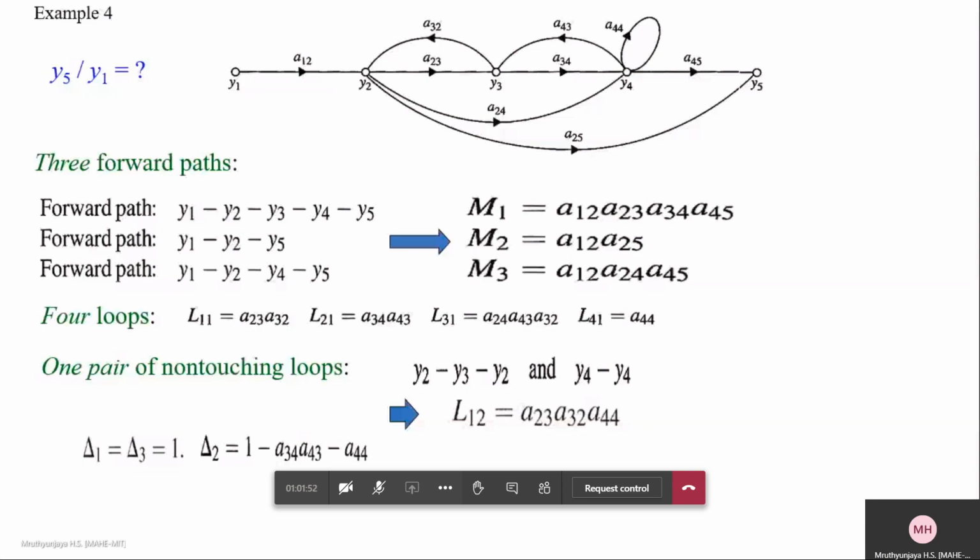M2 is not touching the middle loop. So that is why delta 2 equals 1 minus A34, A43 minus A44.